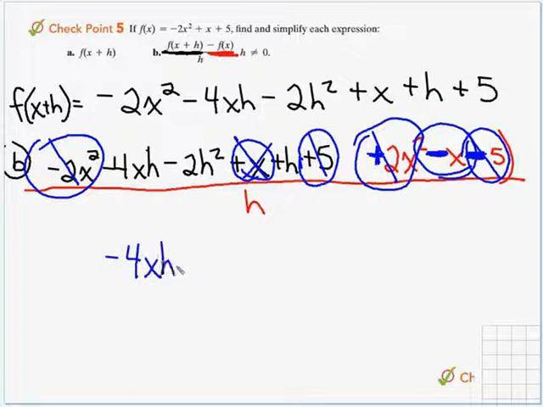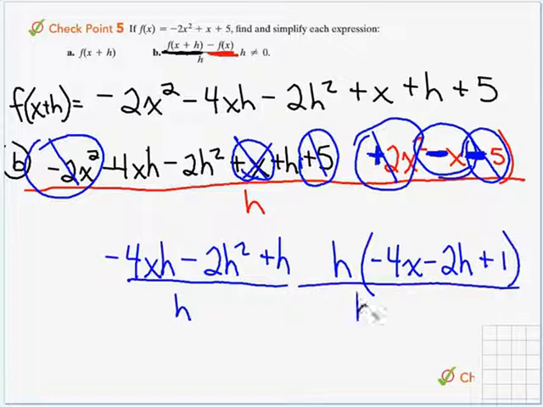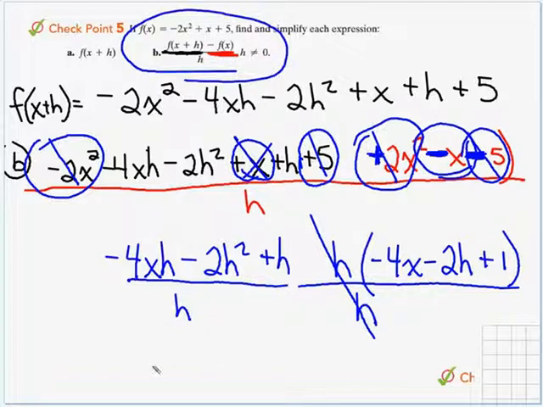Minus 4xh, minus 2h squared plus h all over h. Again, just like the last one, we can factor an h out, leaving a minus 4x minus 2h plus 1 in the numerator. Divided by h, the h's cancel. So our final answer, B, the difference quotient of this is minus 4x minus 2h plus 1.